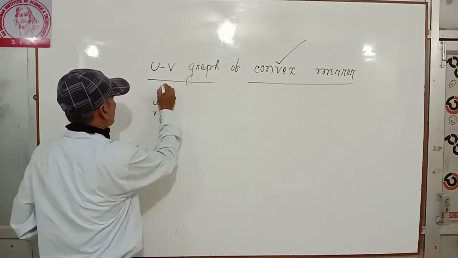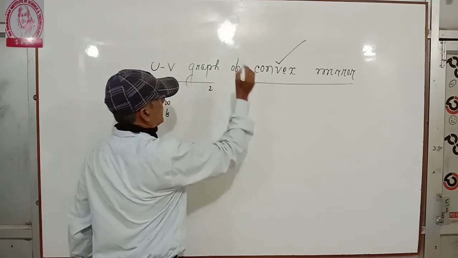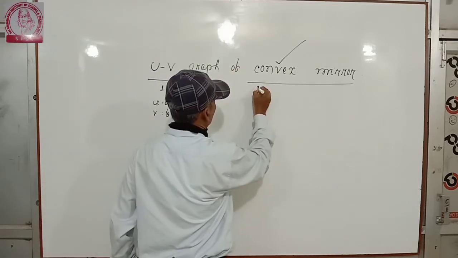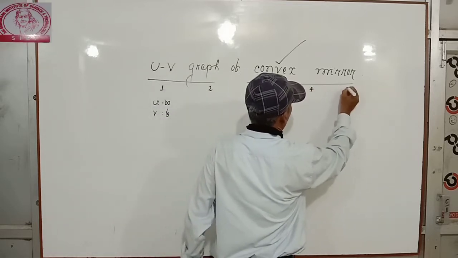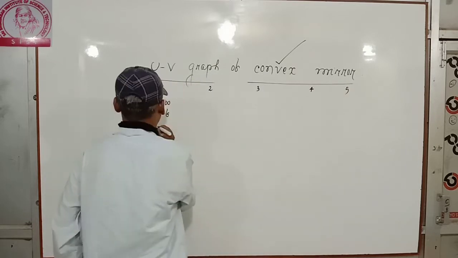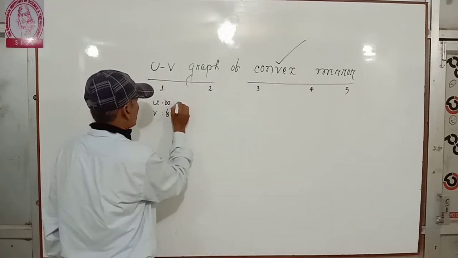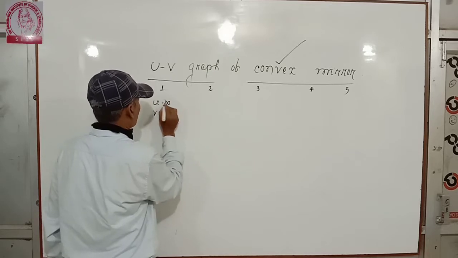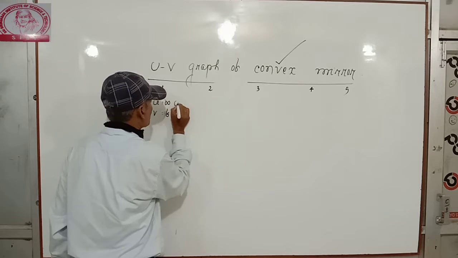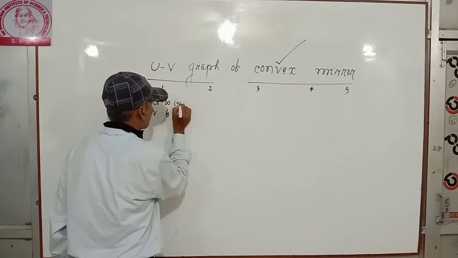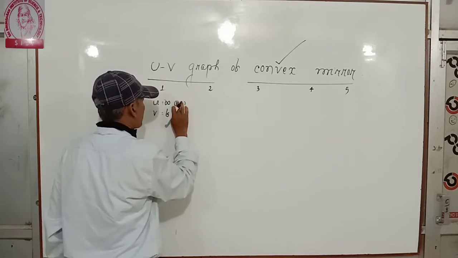Case 1, case 2, case 3, case 4, case 5. Here you see, in this case, u is at infinity, not only infinity but also negative.